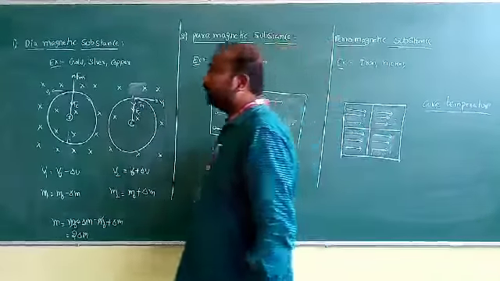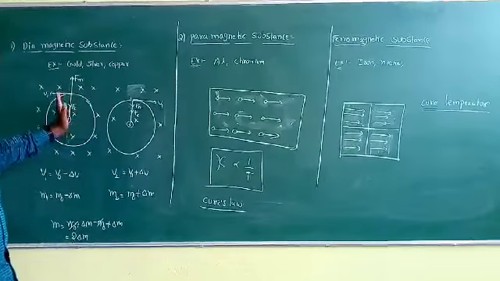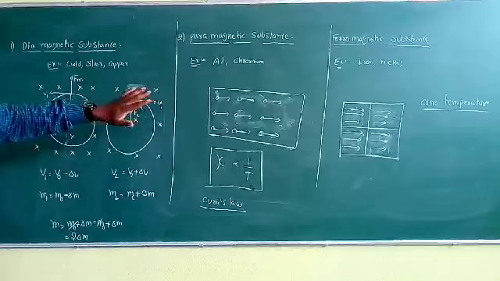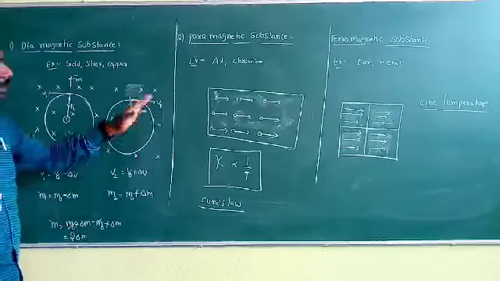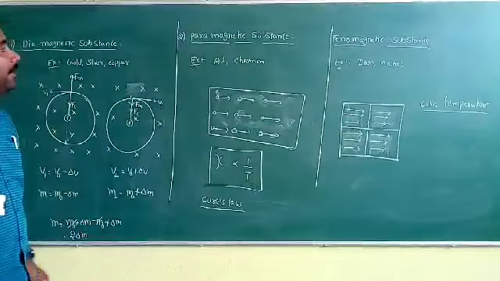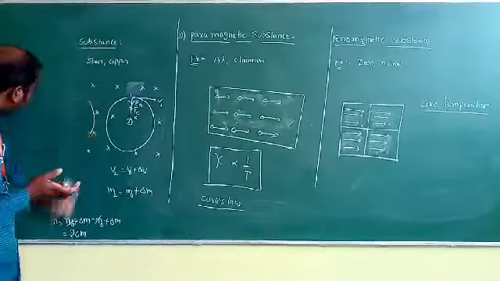So once again, based on the diamagnetic electron theory, paramagnetic theory, and ferromagnetic substance theory, now we can study the differences between diamagnetic, paramagnetic, and ferromagnetic substances one by one. See.